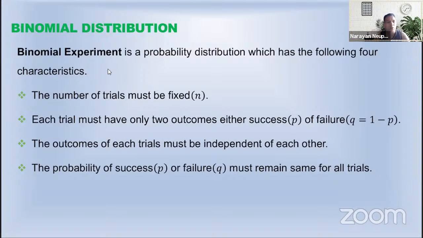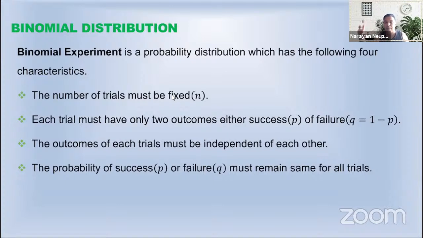So when we say binomial experiment, the first thing is the number of trials must be fixed. Say, for example, you are answering 5 multiple choice questions, where there are 4 options in each. That means if you are answering these questions and you are absolutely guessing on all 5, you are doing a total of 5 times.